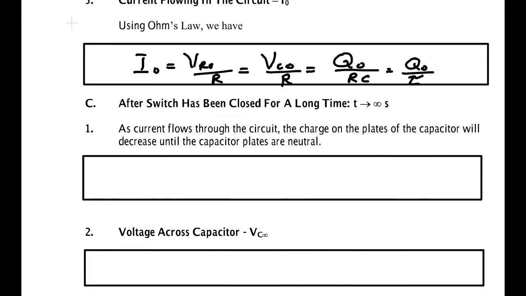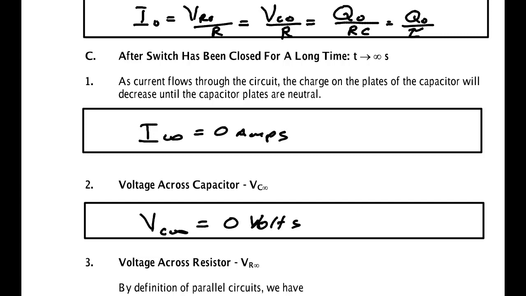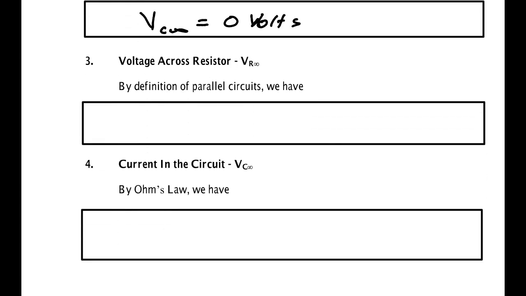Well, that's all we need to do to put in all of our values. The current goes to 0. The voltage across the capacitor goes to 0. The voltage across the resistor goes to 0. Must have missed something at the top.